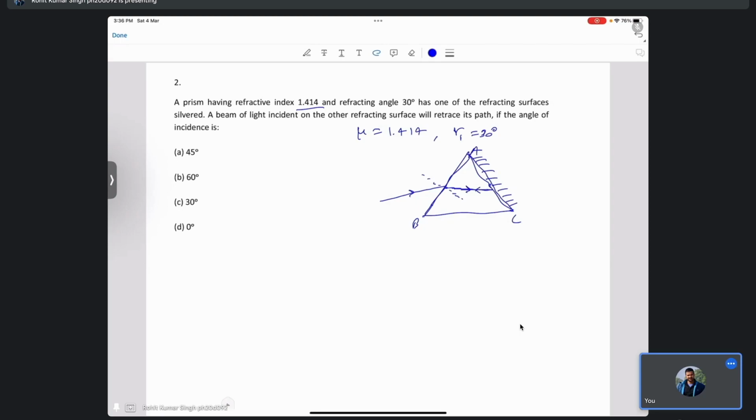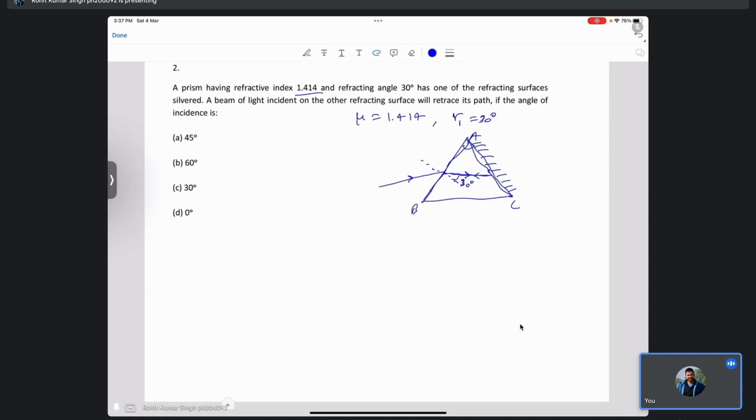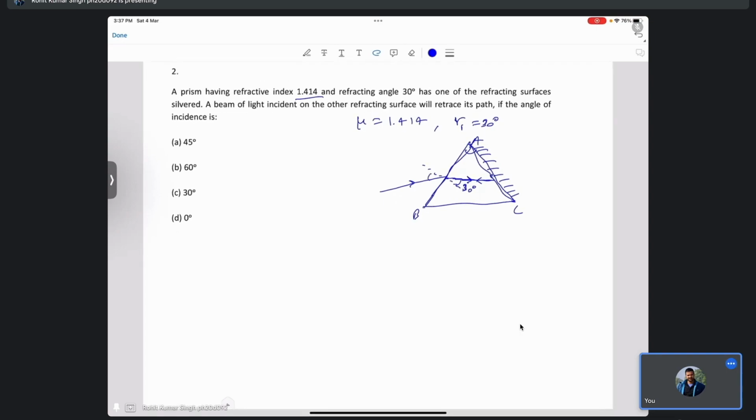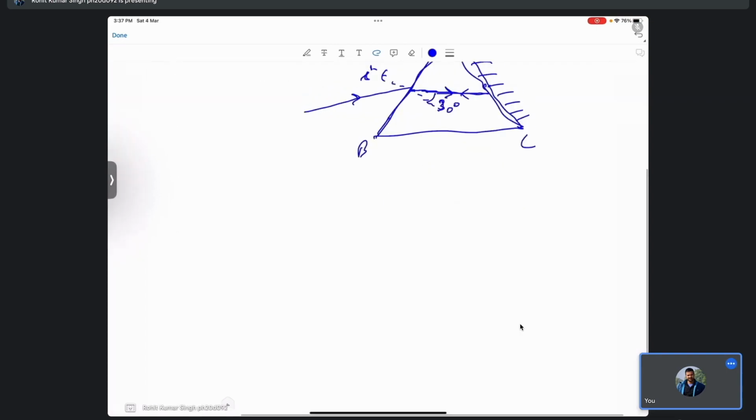Yeah, this is 30 degree. Do you understand the question now? This beam of light should retrace its path at which angle of incidence? This angle we have to find. It's i.